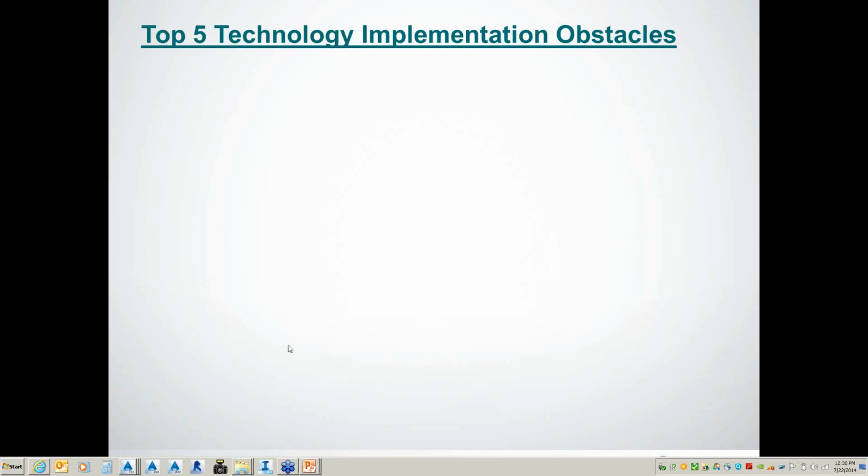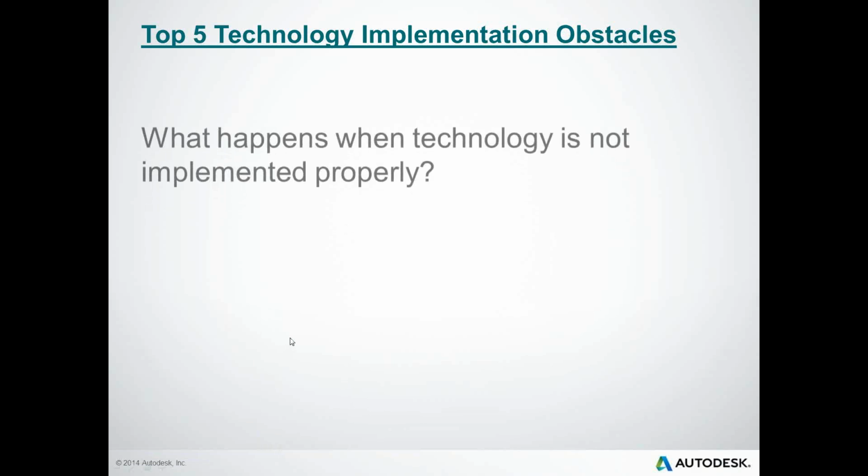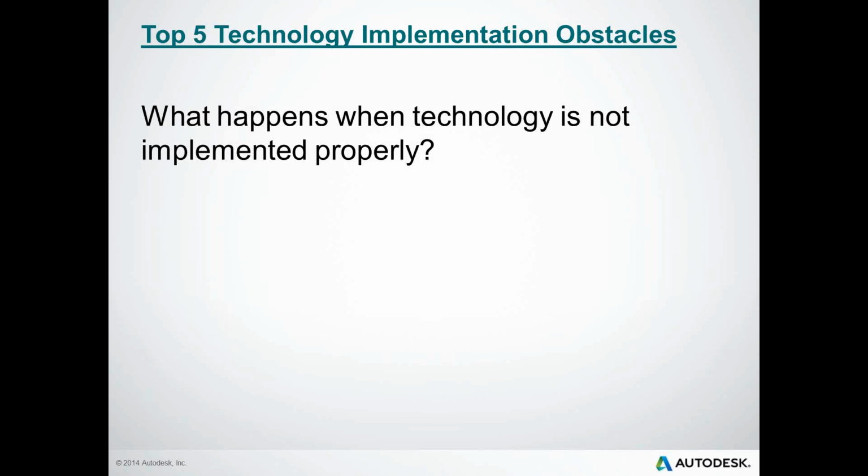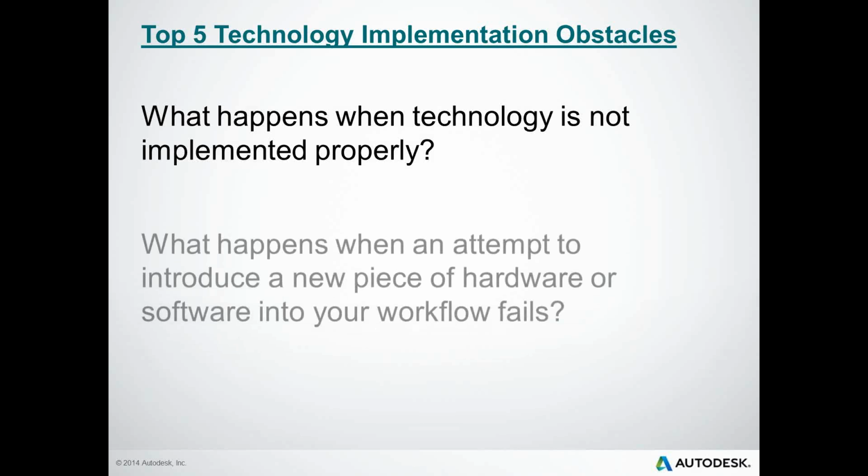So the first thing is what happens when technology is implemented properly. That's one of the questions. One of the questions is what happens when an attempt to introduce a new piece of hardware or software into your workflow fails.